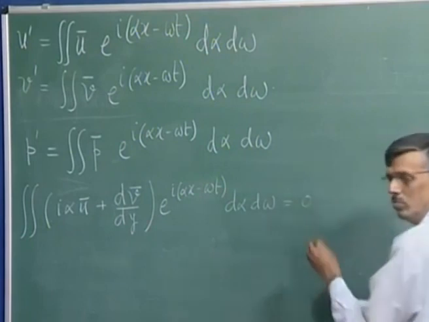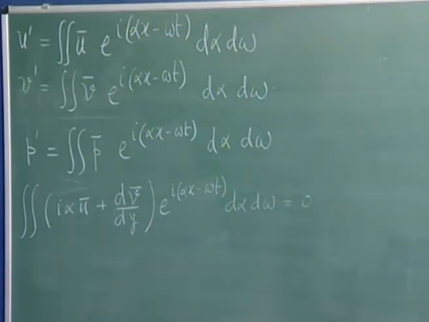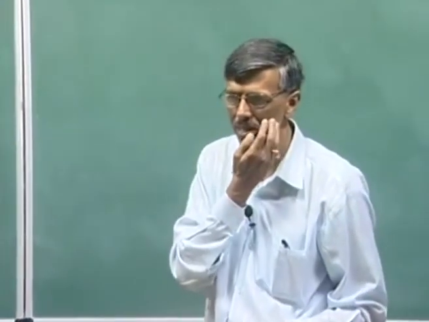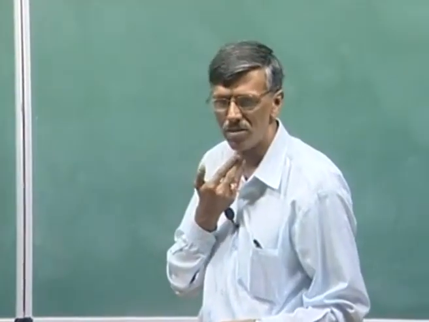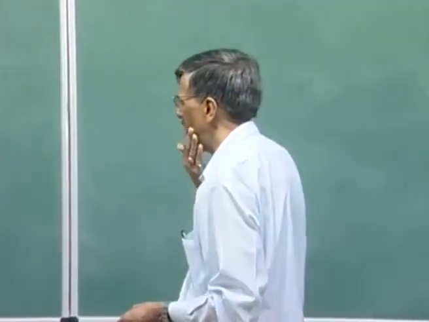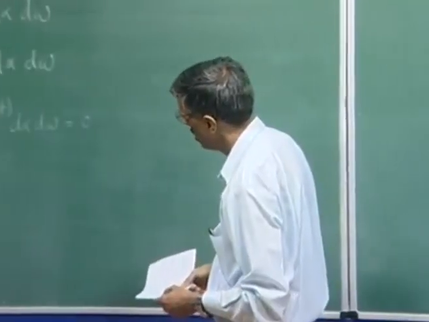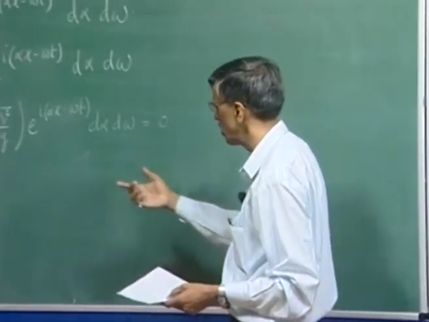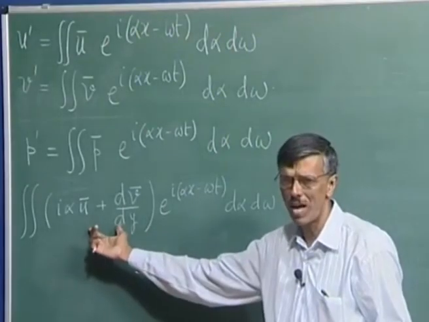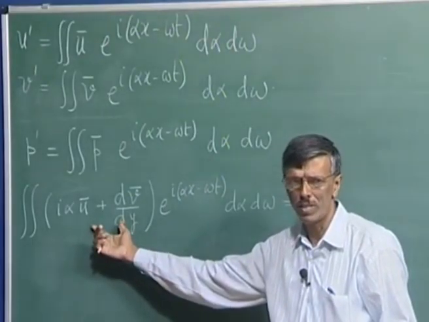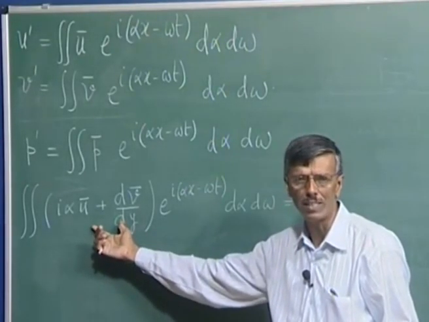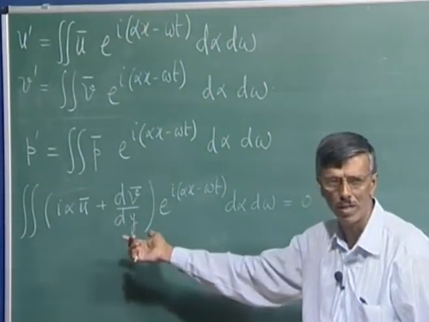This is equal to 0. The logic follows similarly: if that integral is 0 for an arbitrary space-time variation, then for this relation to hold, this quantity must be equal to 0 identically for all possible alpha and omega, right?